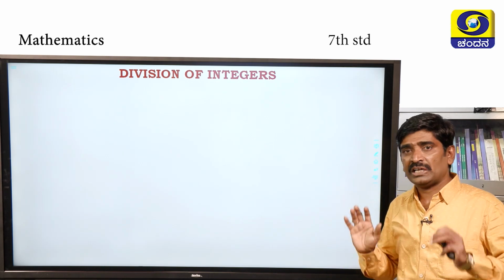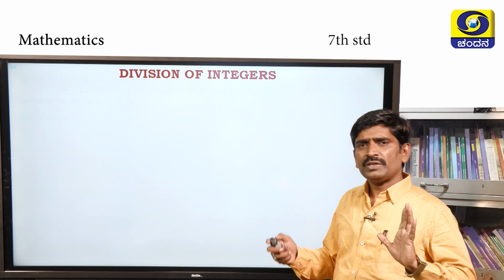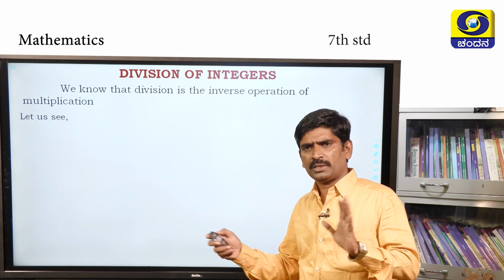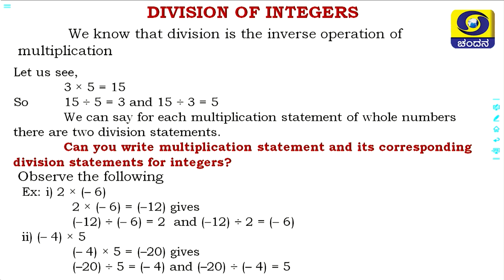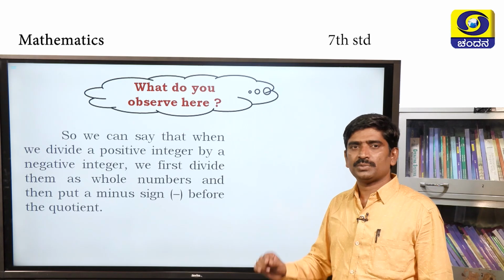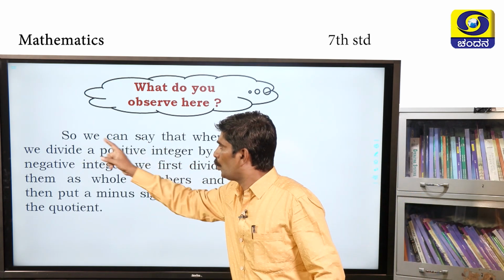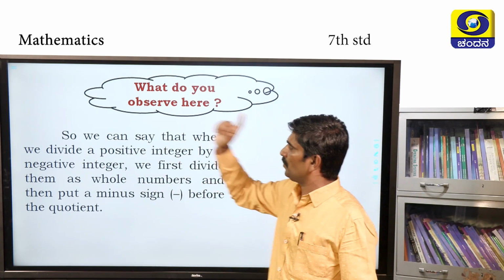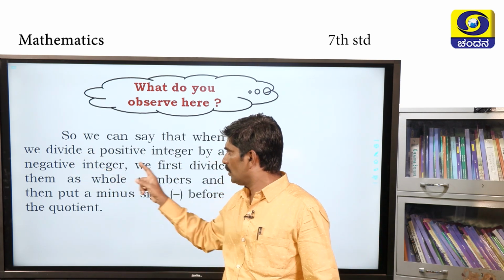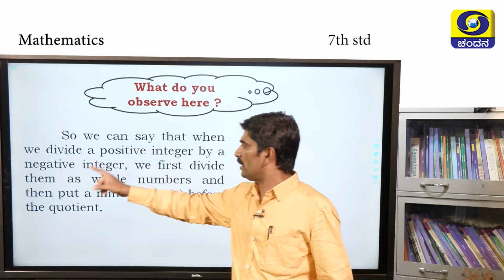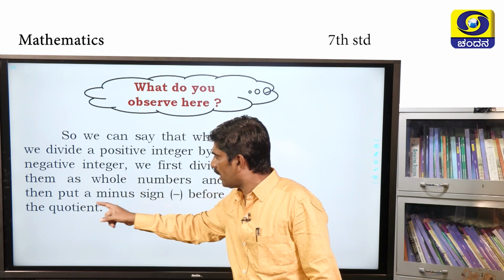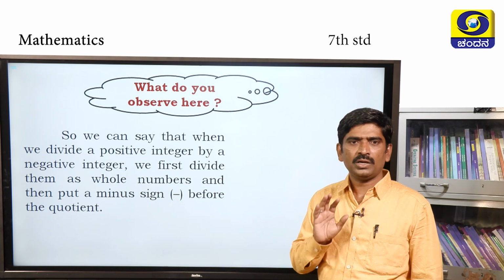Next, we go for division of integers. We know that division is the inverse operation of multiplication. What do we observe here? We can say that when we divide a positive integer by a negative integer, we first divide them as whole numbers and put a minus sign before the quotient.